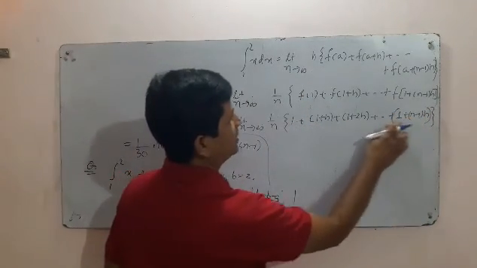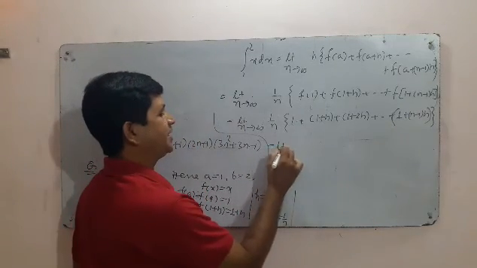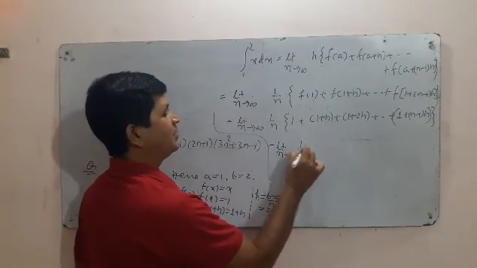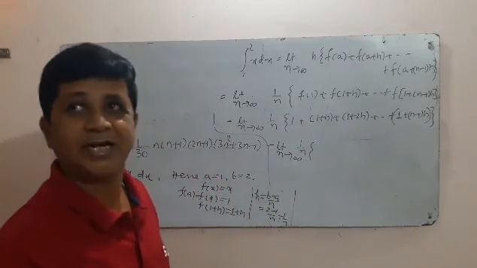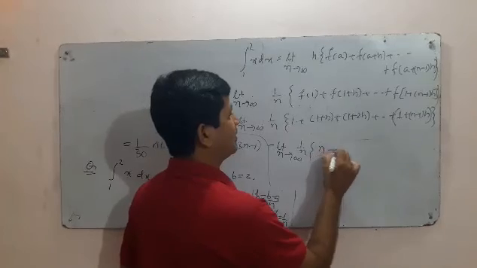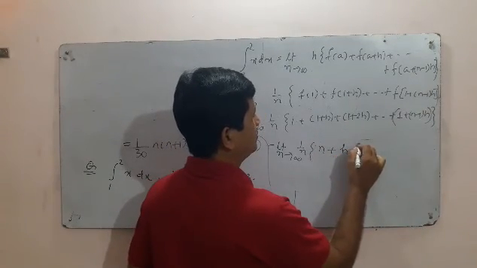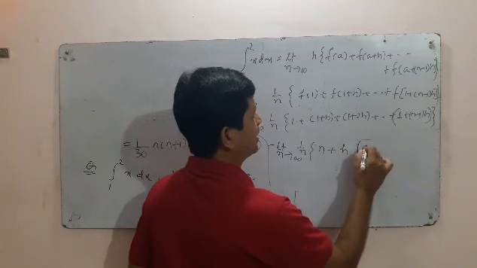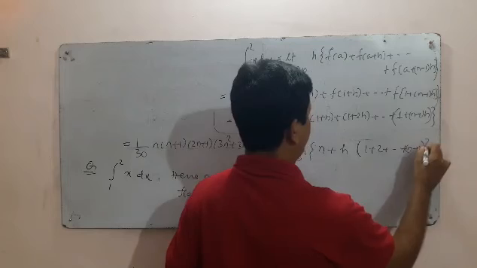1, 1, 1, how many 1s? There are n ones. So limit n tends to infinity 1 by n. Adding 1, 1, 1, how many? n ones, adding gives n, then plus h plus 2h dot n minus 1 into h, that is h into 1 plus 2 plus dot n minus 1.